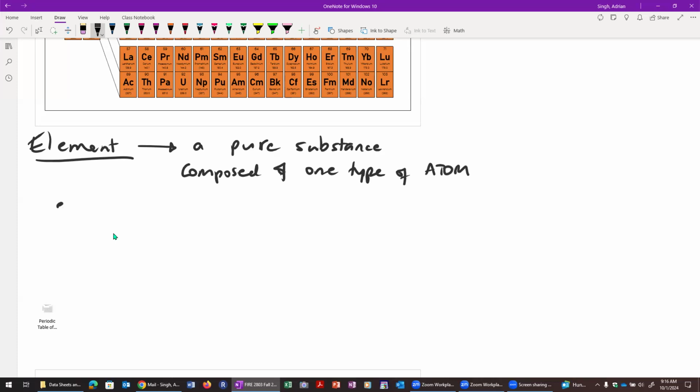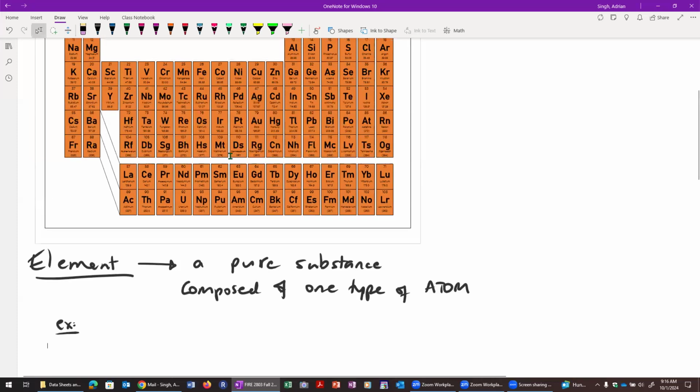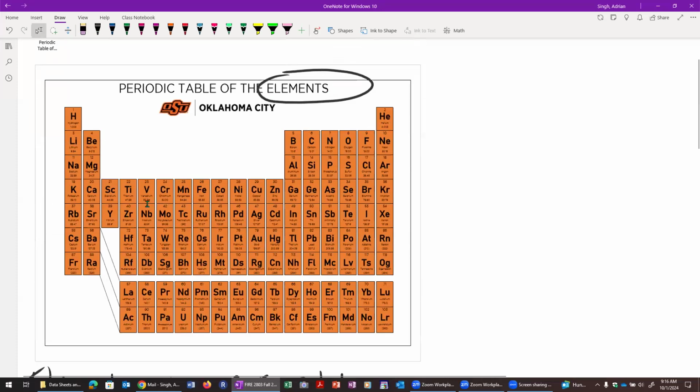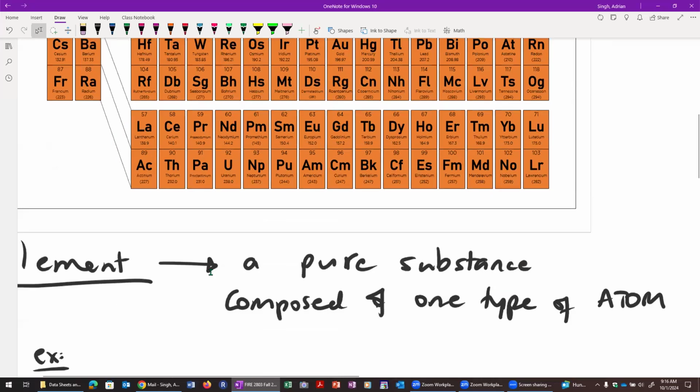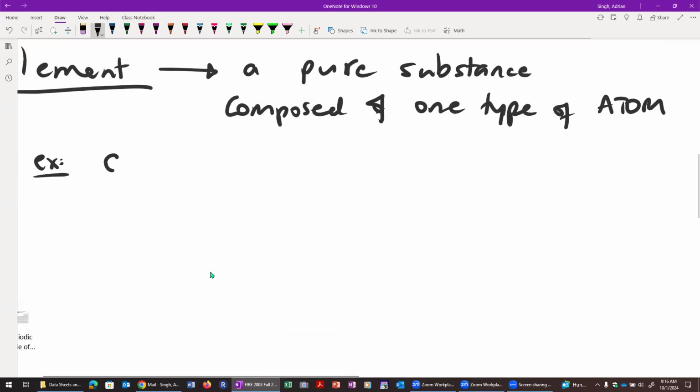So for example, we have a bunch of these elements here on a periodic table. We can pick one. Let's just say carbon, for instance. Carbon is an element. Carbon then, based on this definition, would be composed of the same kind of atoms.